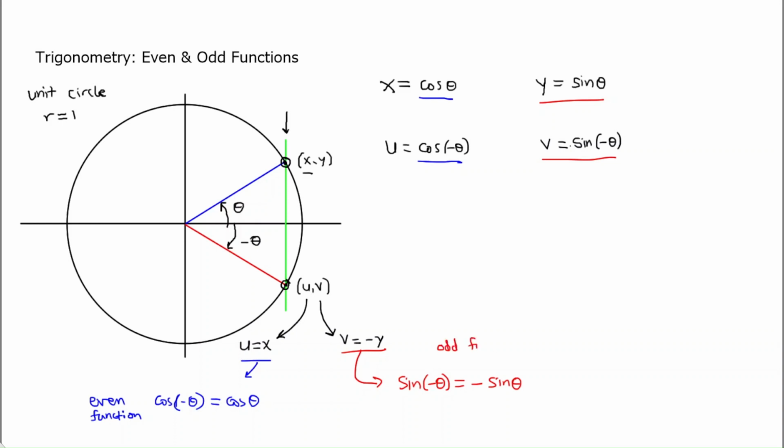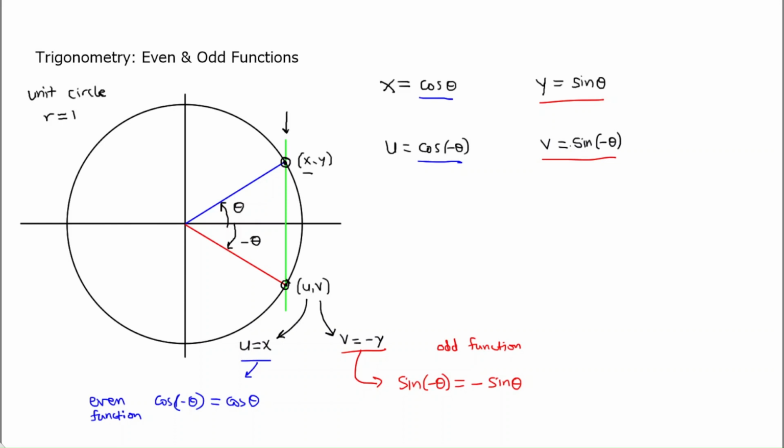It's as if the negative sign on the angle in sine of negative theta just comes through the function and onto the outside: negative sine theta. So cosine is an example of an even function. Sine is an example of an odd function.